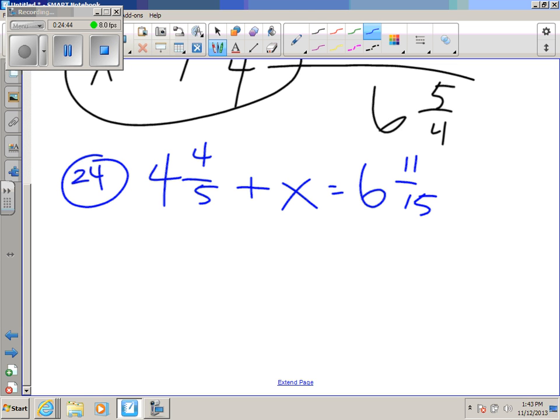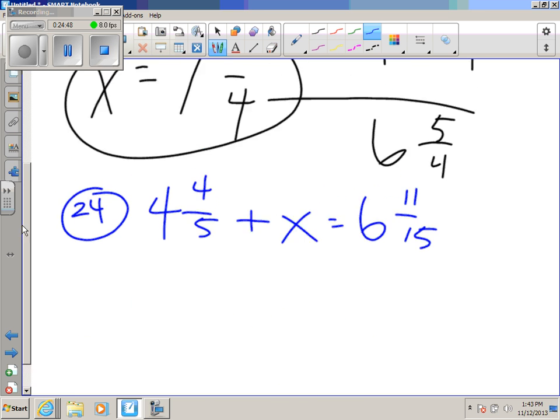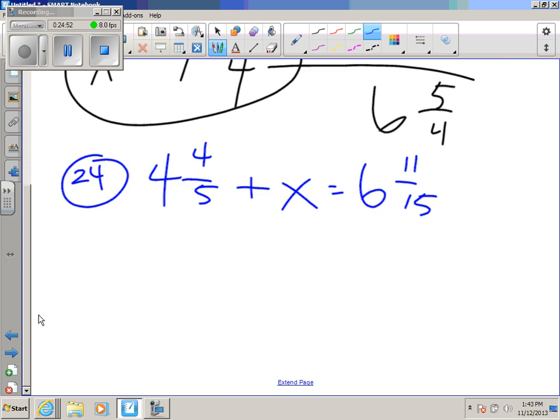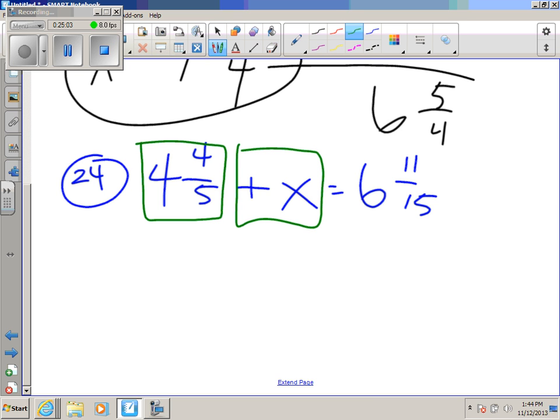It looks a little bit different because you're not starting off with x. Like we did here, x minus 4 and 3/4. Here, 4 and 4/5 plus x. Okay? It doesn't necessarily matter for adding what order they come in. So if we look at what we've got here on this side, the way we get rid of a positive is to do what?